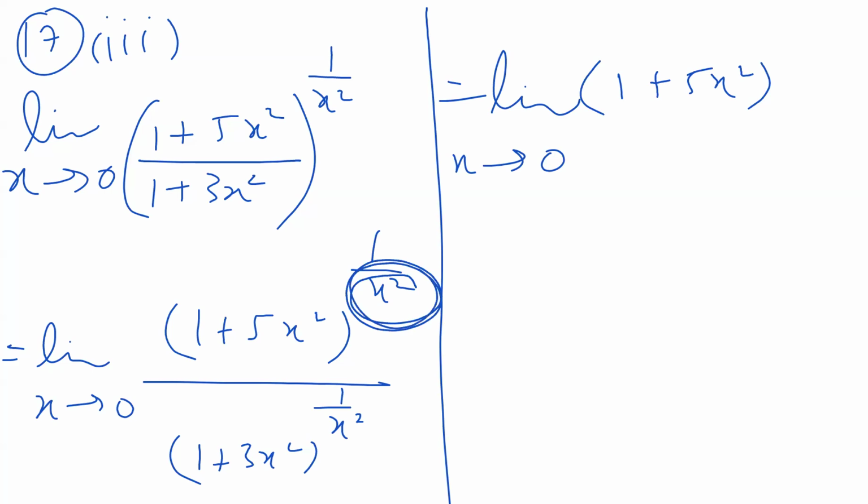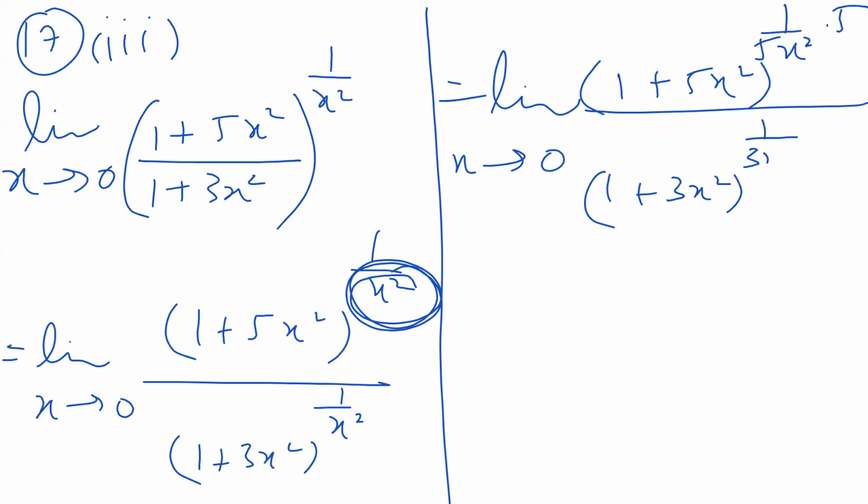So make this 5x square. Multiply by 5, divide by 5. Multiply by 3, divide by 3.